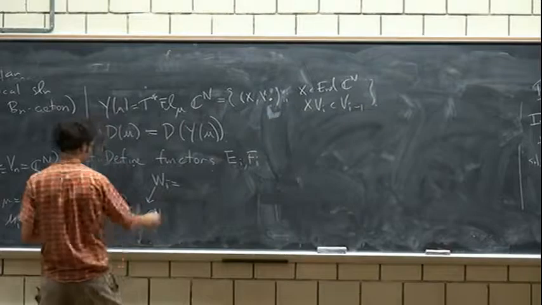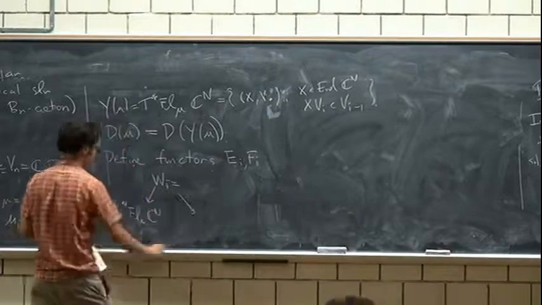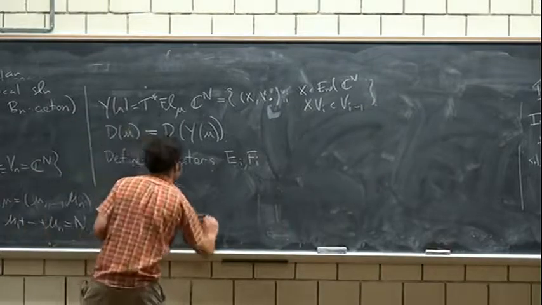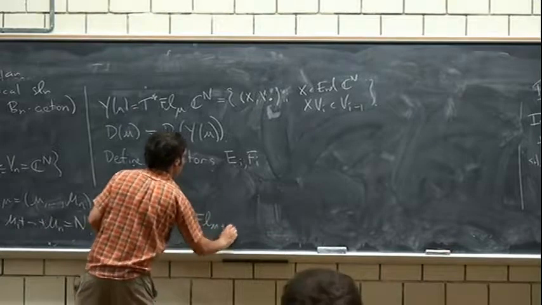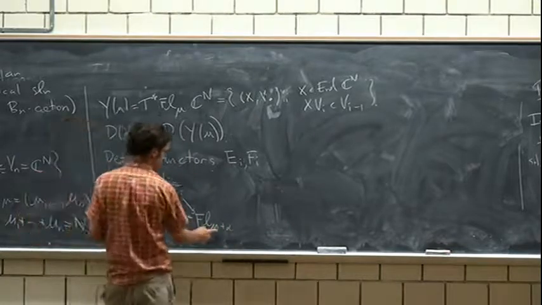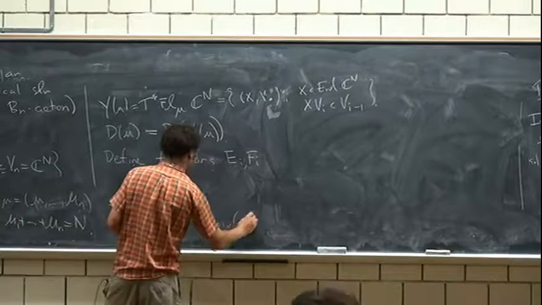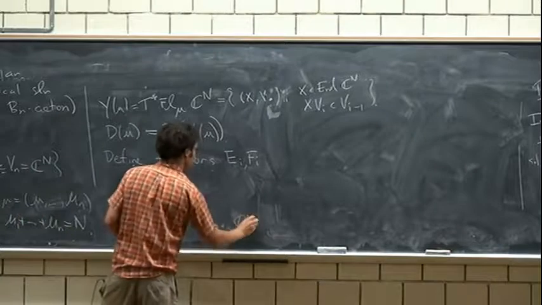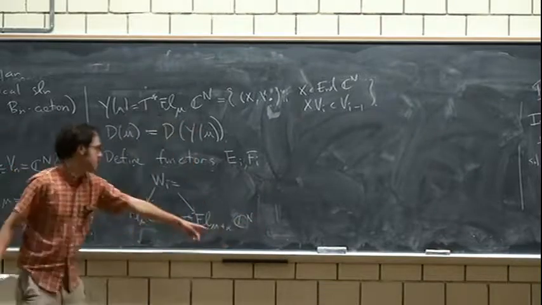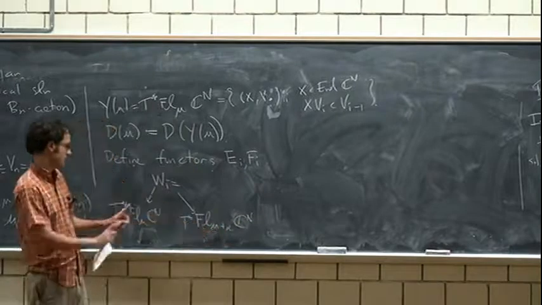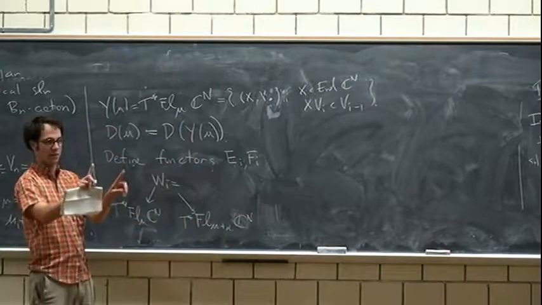Then we can define a correspondence diagram W_i between the flag variety where the jumps are mu and the flag variety where the jumps are mu plus alpha I. Notice that the dimensions of the pieces of the flags here and here are the same, except the ith one gets one bigger.